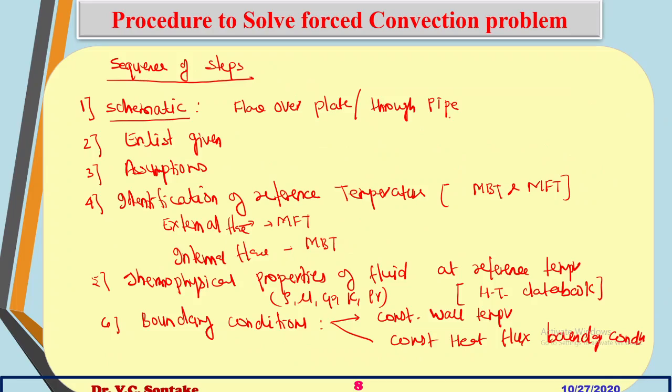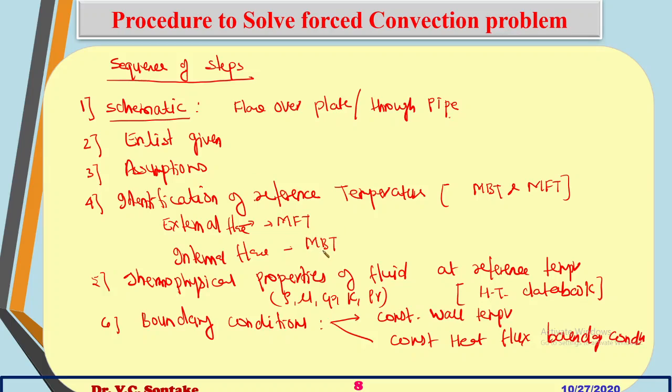Once again I am repeating: first you draw the schematic, enlist all the given parameters, make out all the assumptions, identify the reference temperature, and that will be decided by whether the flow is external or internal. The thumb rule is for external flow, mean film temperature is taken as reference temperature.